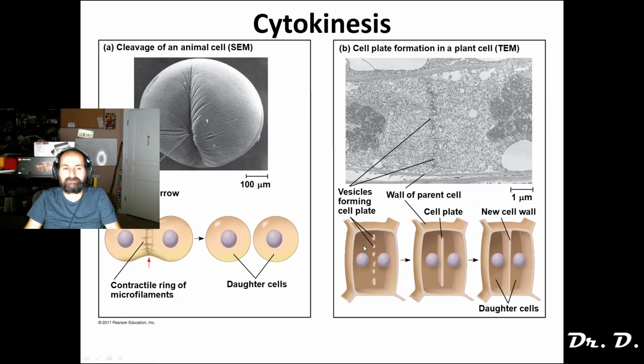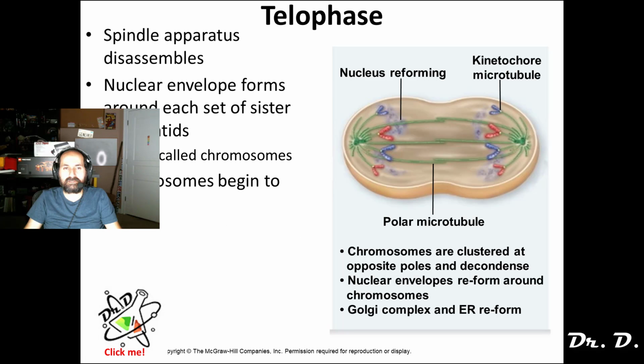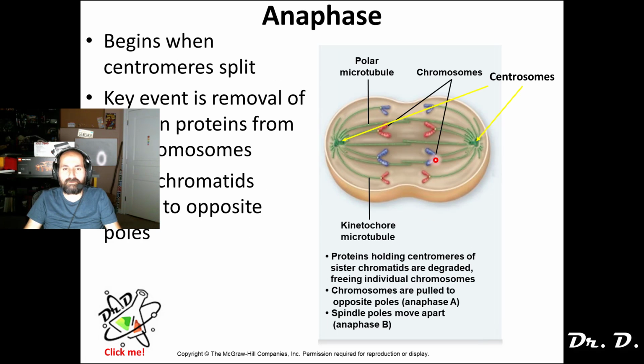What you need to know, look, during anaphase, why are these sisters moving to opposite poles of the cell? Well, because their kinetochores contain motor proteins that walk them along the microtubules to the opposite poles of the cell. That's why.